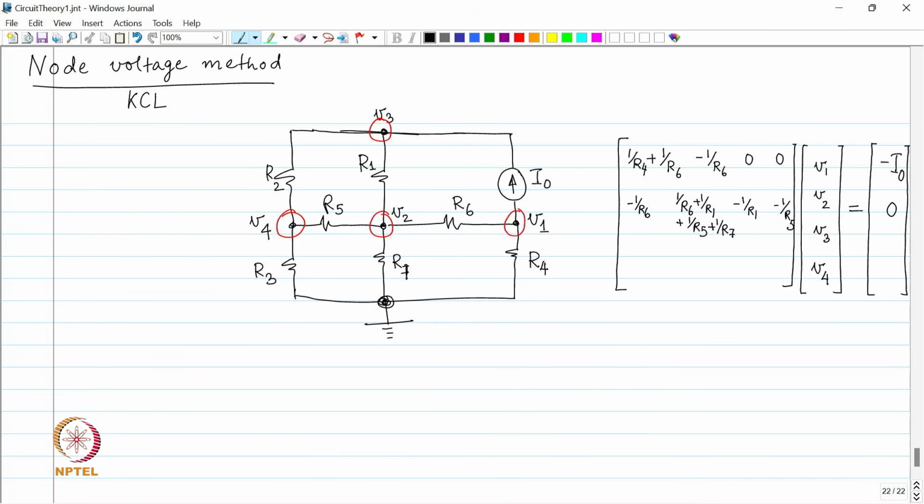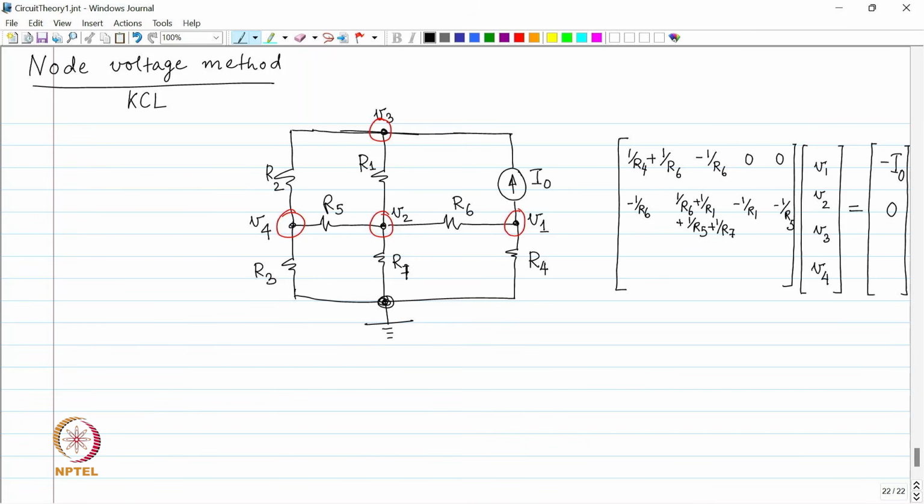Is this okay? You guys have to practice these leaps. This is not a jump, this is a leap. Okay. So, learn how to take these leaps.